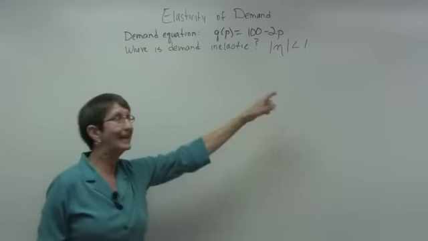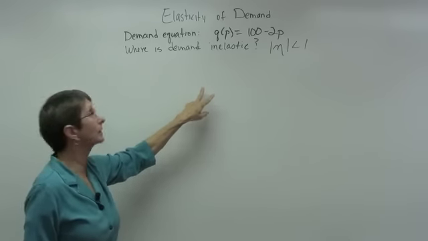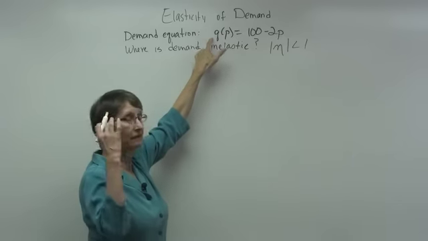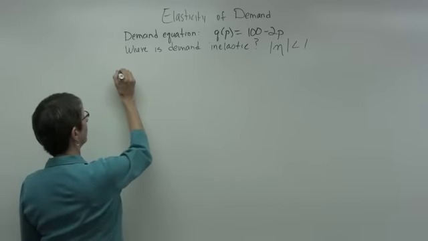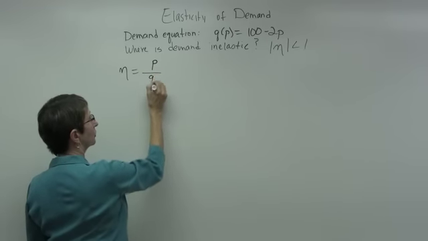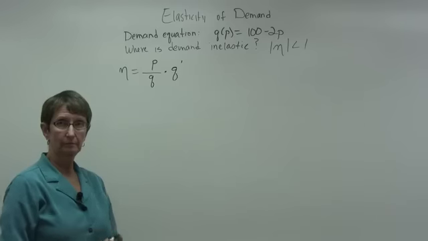First, we need to find eta in here. We had two possibilities for formulas. This is Q of P, so we need to think about, if I take the derivative, it's Q prime, so I want to use the formula where eta is equal to P over Q times Q prime.